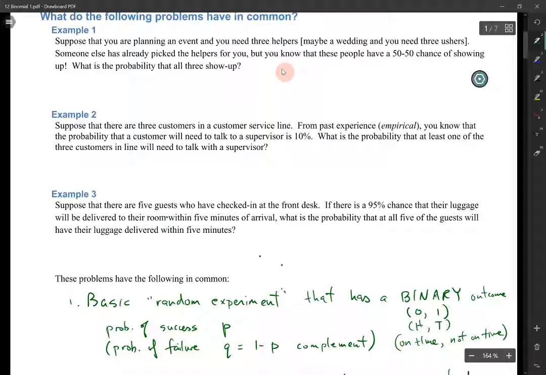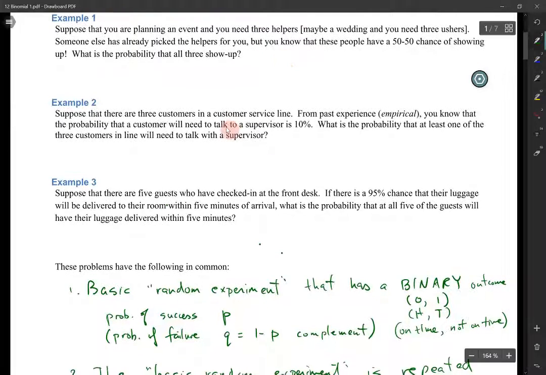Otherwise, if there's some correlation, some relationship, then it doesn't work, right? Here in the customer service line, you assume that it's not the case that all three of them have the same complaint, like they bought something and it didn't work, and so they all said, you know what, we'll go down together. Then all three of them have the same problem, they all need to see a supervisor, and they're not independent.